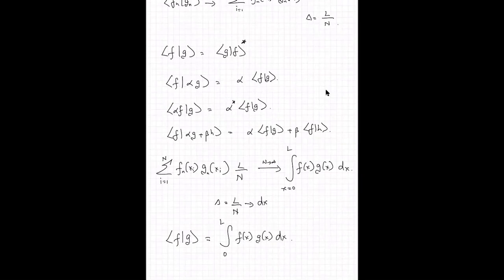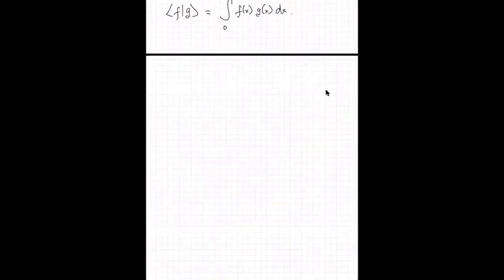Now, why 0 to L? Because we chose an example where the string is between 0 to L, but in quantum mechanics, we will not necessarily confine ourselves to 0 to L. In fact, the most general Hilbert space is one in which we go from minus infinity to infinity. So the limits of integration depend on the problem at hand.